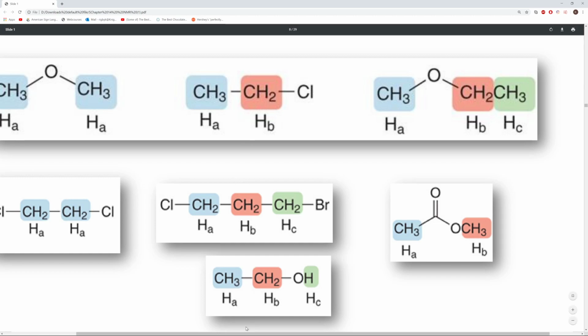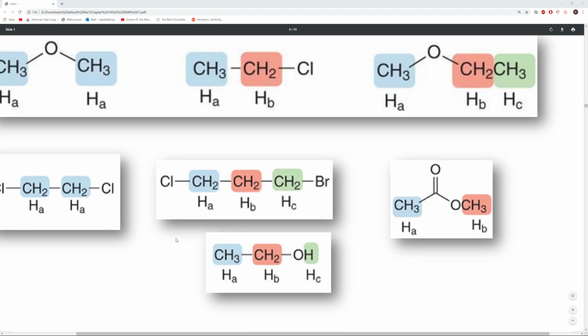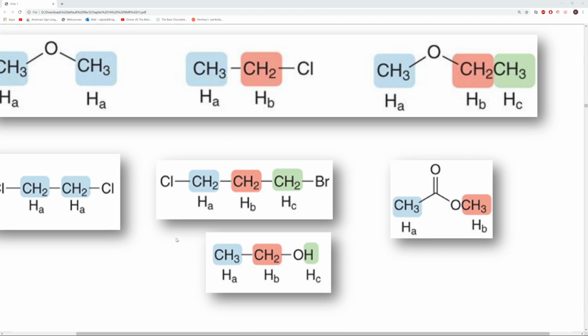Okay? Are there any questions about how to tell if the environment is different between 2 hydrogens? I'm going to take a sip of water. Okay, so since there aren't any questions, I'm just going to continue on.